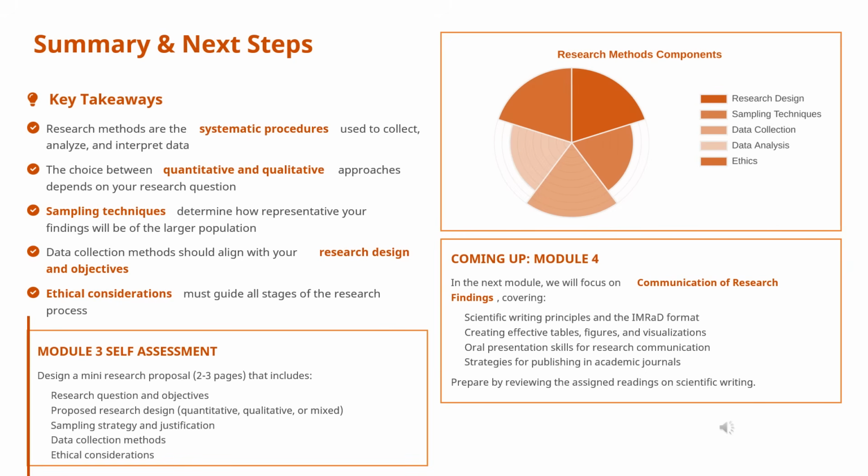Then sampling techniques: we have seen how sampling techniques determine how representative your findings will be of the larger population. Then data collection methods should also align with your research design and objectives. We have also seen the critical importance of research ethics, following all the guidelines at all stages of the research process.